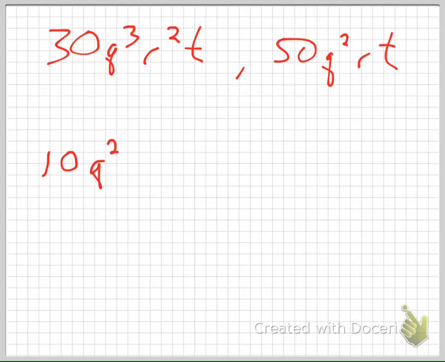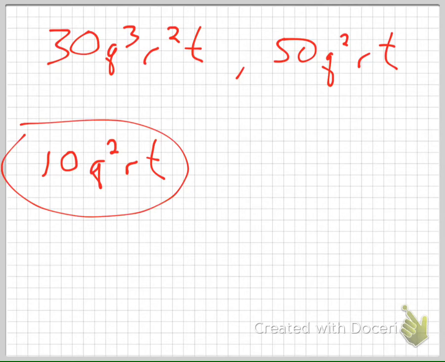And then how many R's are in both? R. And how many T's are in both? T. 10 Q squared RT is the answer. How many of you got that? Simple.